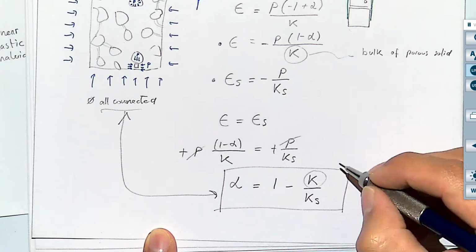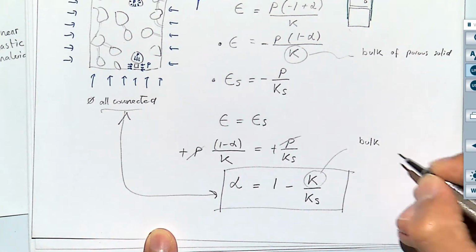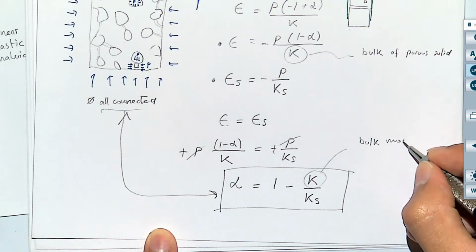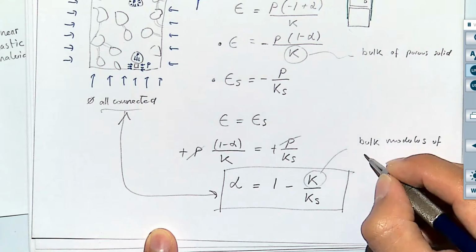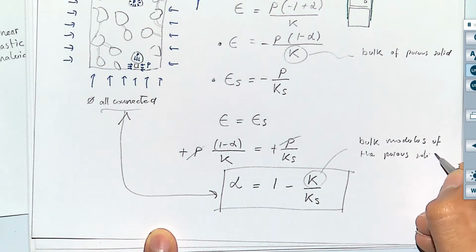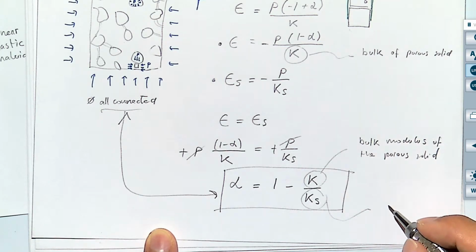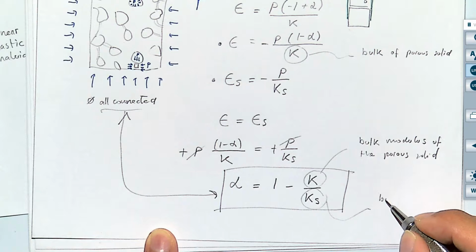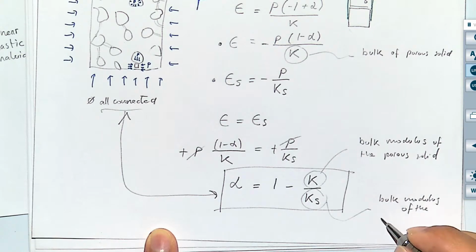K, again, is the bulk modulus of the porous solid, and Ks is the bulk modulus of the solid matrix.